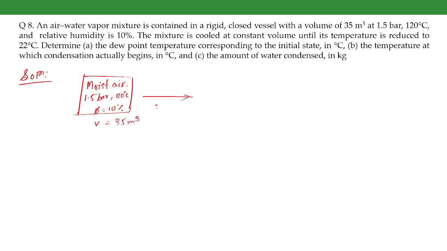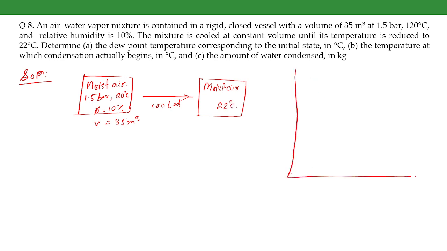It is cooled to a state where it still contains moist air at 22 degrees Celsius. Okay, if I show the process on a TV diagram, I can show it like this.